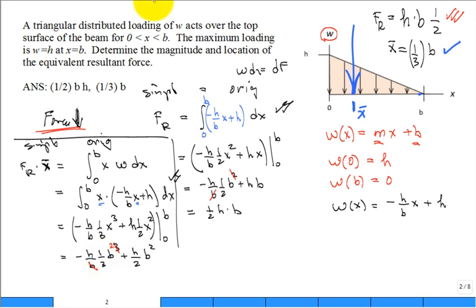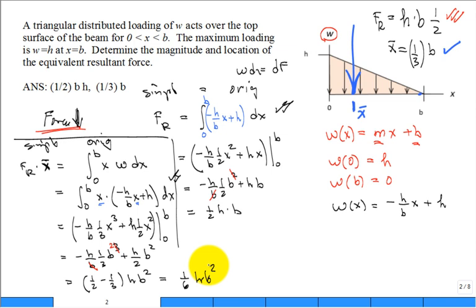What is that? What is 1/2 minus 1/3 times hb squared? I convert them all to 6, so that's 3/6 minus 2/6. Is that 1/6 hb squared?